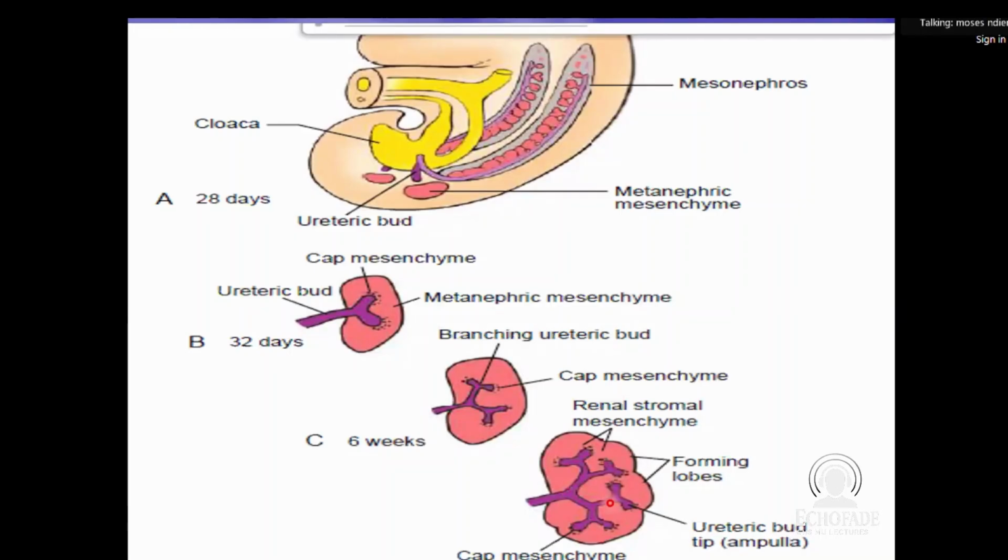Ultimately, after 17 generations, at the most distal part, the branch of the ureteric bud gives rise to a dilated part, the ampullary part, and a non-dilated part. The non-dilated part now attaches to the renal vesicle that forms the nephron.